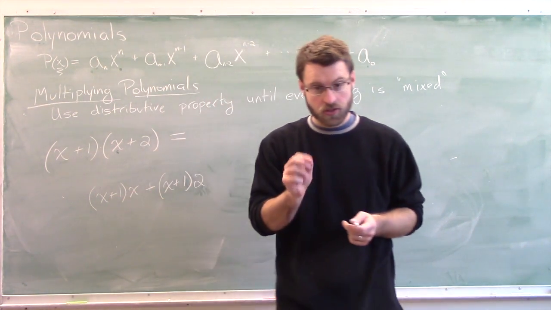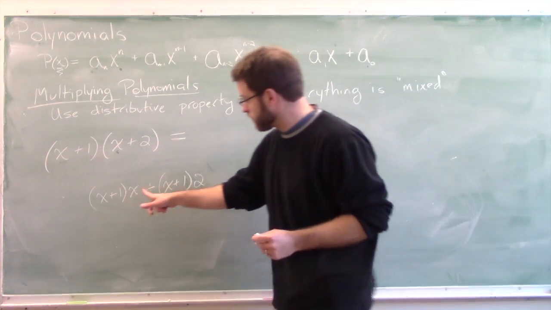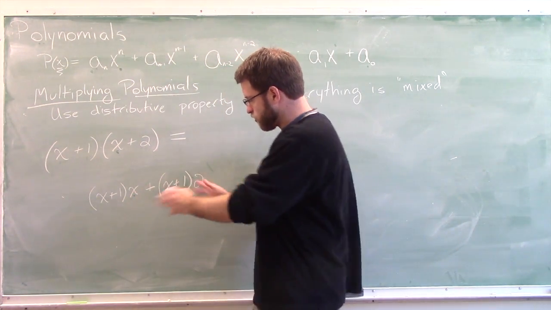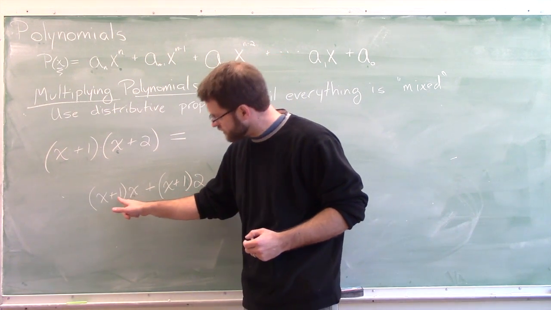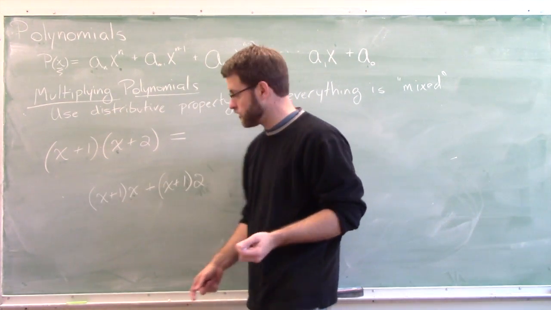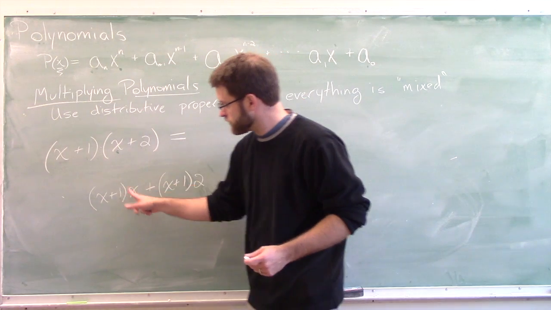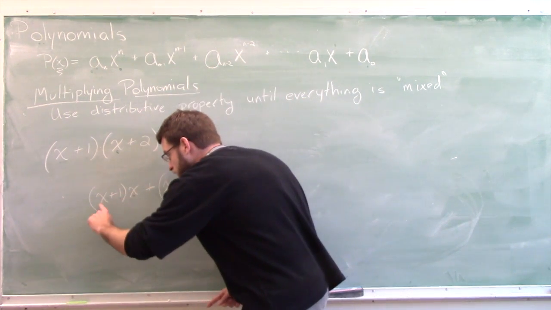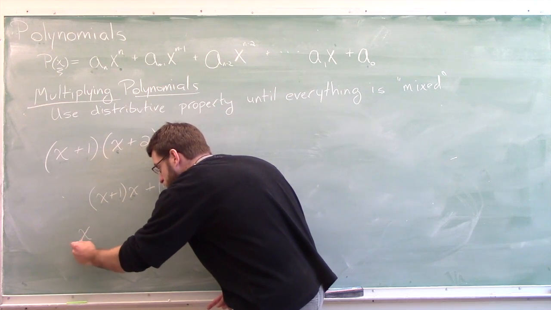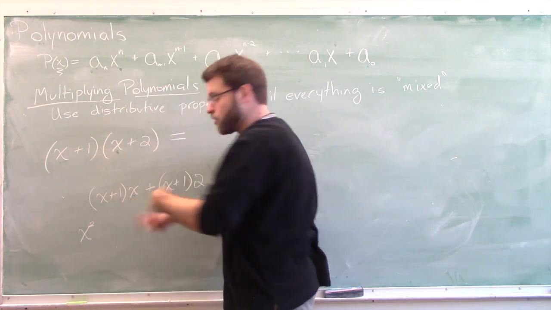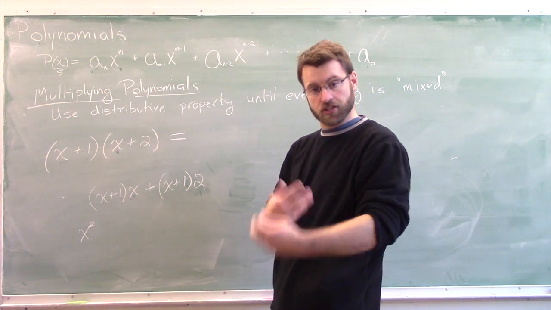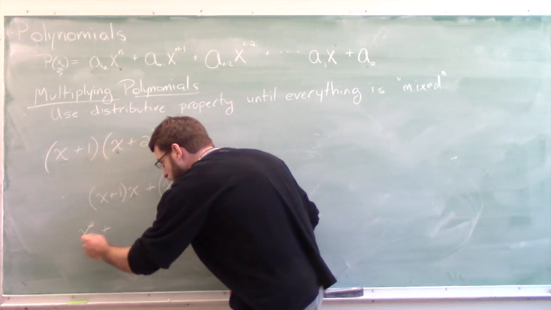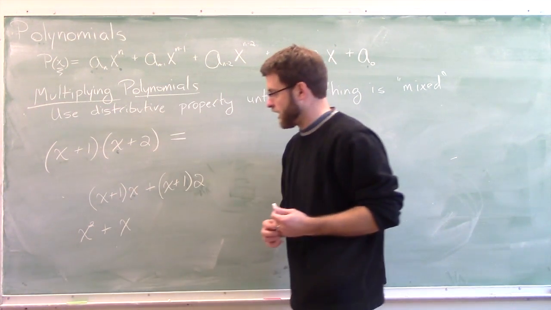Then we're going to use the distributive property again, and we're going to split each of the terms that we've broken off so that it multiplies each of the terms in the first polynomial. Okay? So this first term, when I use the distributive property on it, I get x times x, which gives me an x squared. When I see multiple x's appearing, I'm going to just add their exponents together. And then I get an x plus 1. So I get x squared plus x.